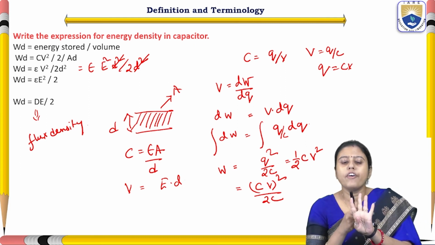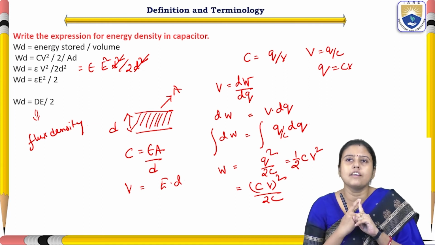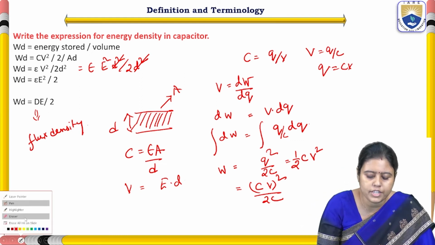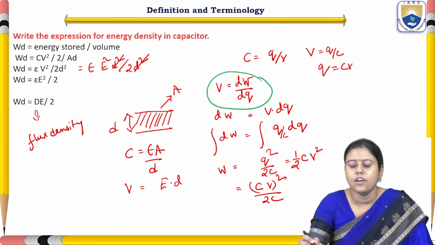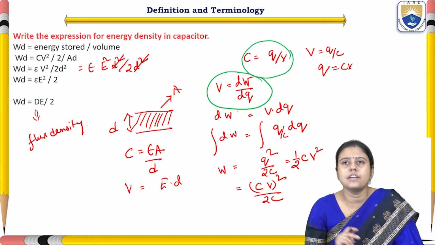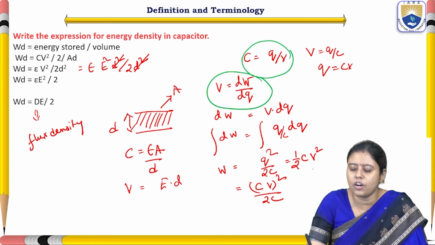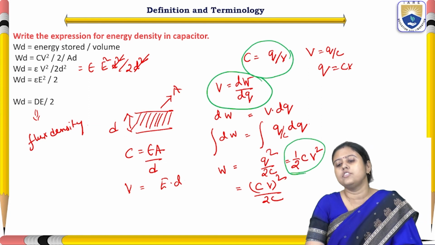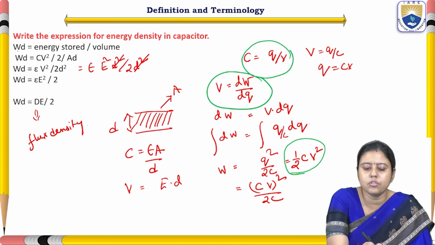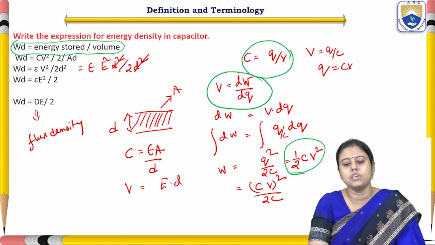We need four important formulas of this topic. First one, the voltage V is equal to dW by dQ. What is the second important one? C is equal to Q by V. Just doing the substitution, we got W, the energy stored, is equal to half CV squared. According to the definition, W_D is energy stored per unit volume.